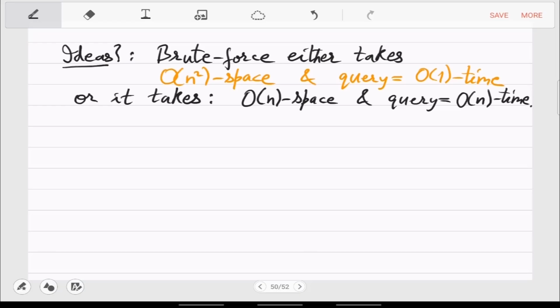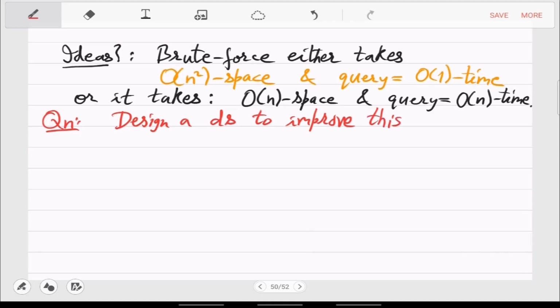So the question is, is there a better solution? Design a data structure to improve this trade-off.